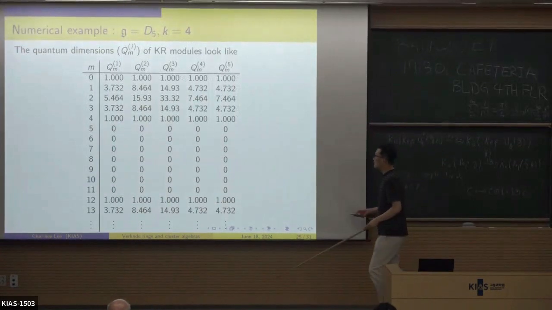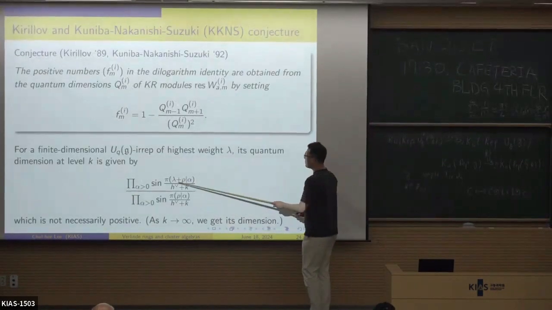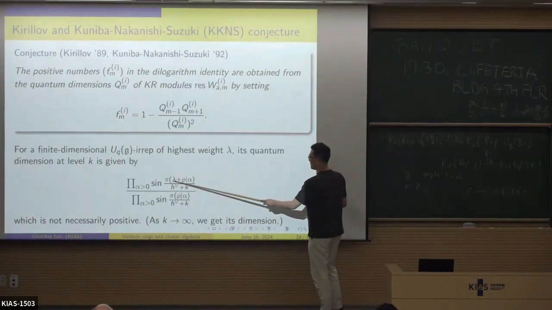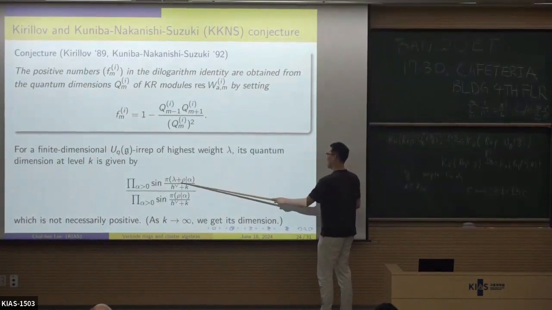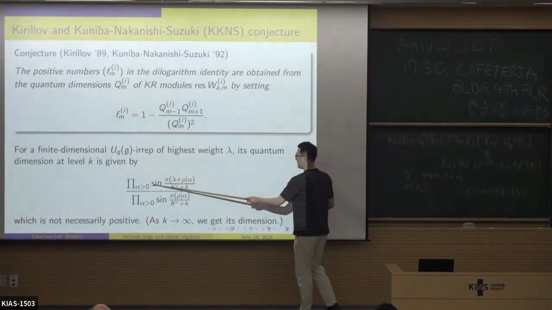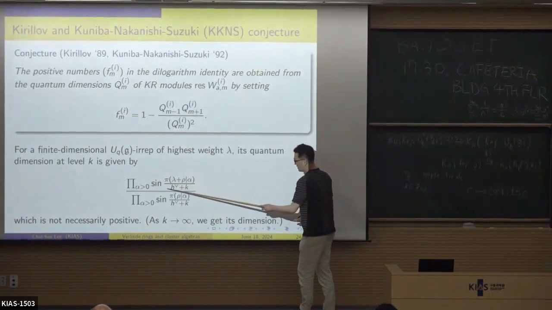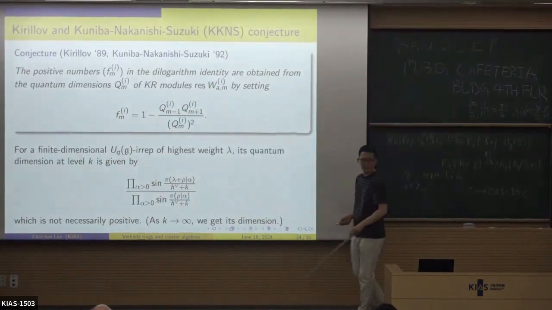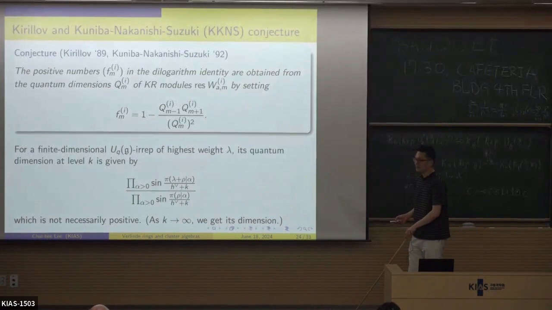The point is, when we compute the quantum dimension, if lambda is very big, this number can be big. That means the sign of something can be negative. So quantum dimension itself is not necessarily positive.